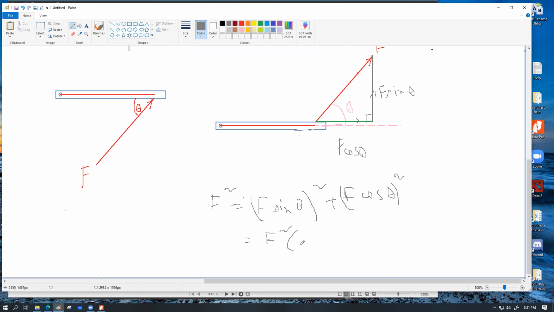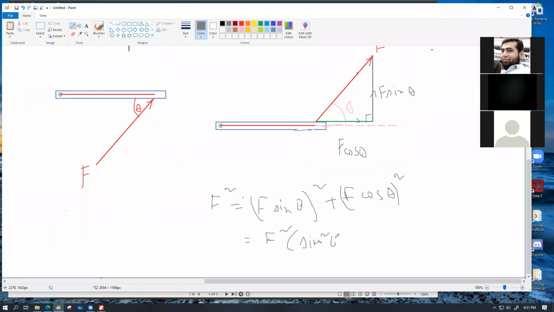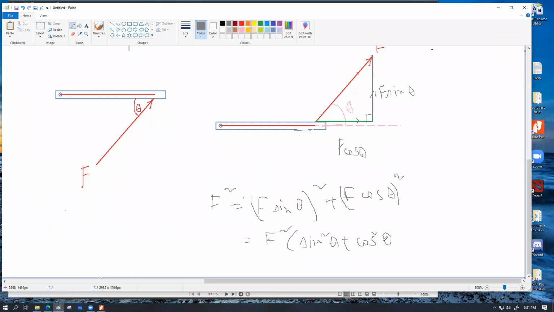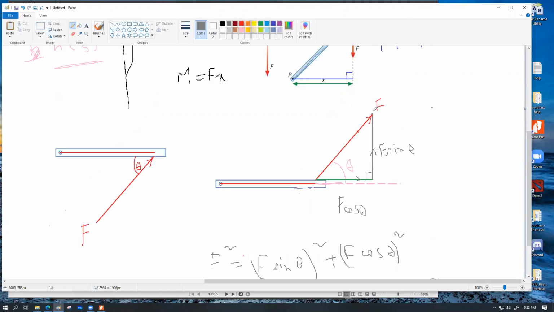If I take f square common, what are you left with? Sin square plus cos square, which is 1. So ultimately you are left with f square. The point I'm trying to make is that if we divide the force into components like this, the force F is actually made available to us.